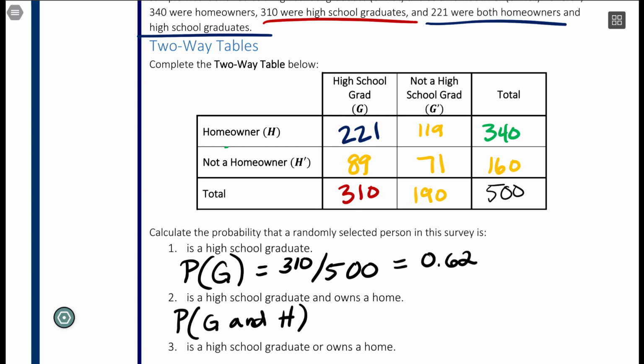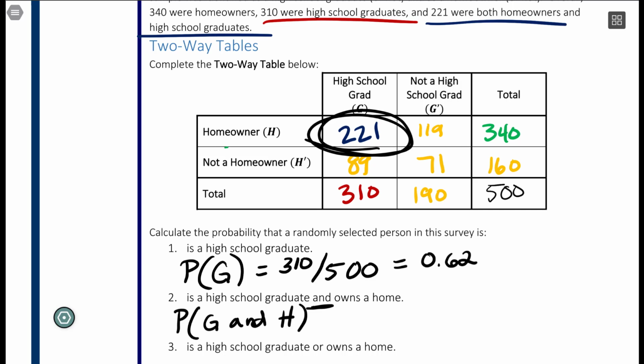Okay. So if you were listening very carefully, I used the word and quite a bit when I was trying to fill in each one of these cells. Okay. The word and is going to tell us that what we want to do is find the intersection between those who satisfied both of those conditions, graduate and homeowner at the same time. And that's going to be this guy right here.